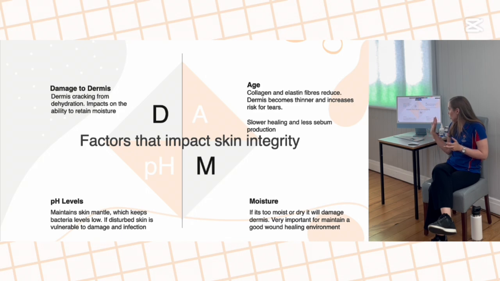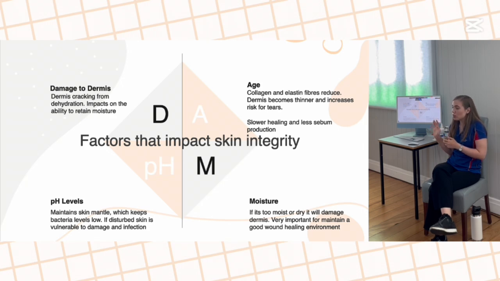There are factors that impact our skin integrity. We've got damage to the dermis. The dermis can have cracking from dehydration, and this impacts the ability to hold moisture. With age, the collagen and elastin fibers reduce, and the dermis becomes thinner and increases the risk for tears.